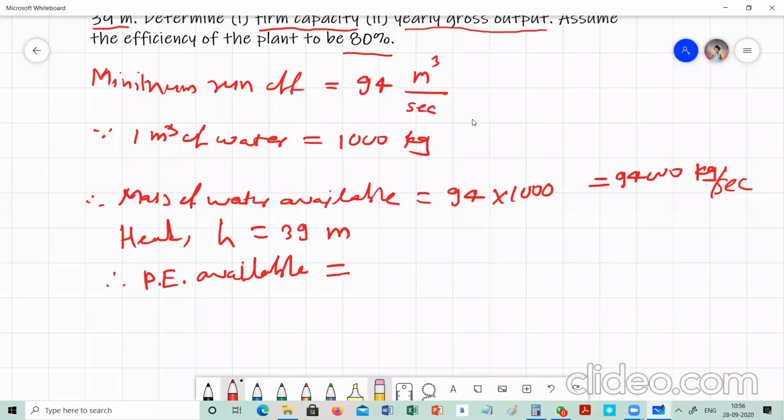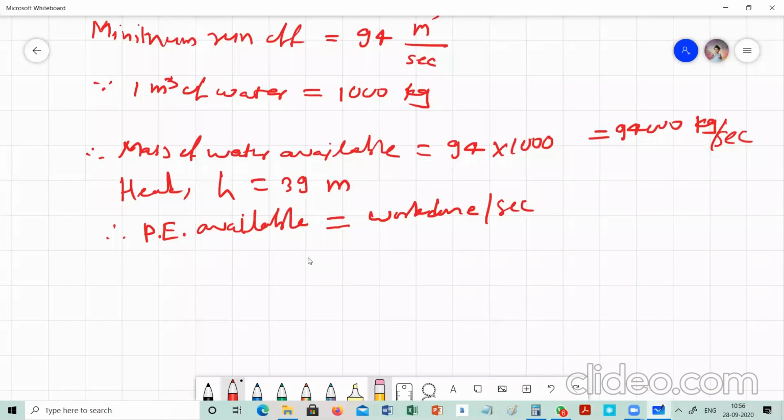That running water is doing some work. So instead of potential energy we will use the word work done. The work done per second, or I will write potential energy available in a second, is equal to work done per second.